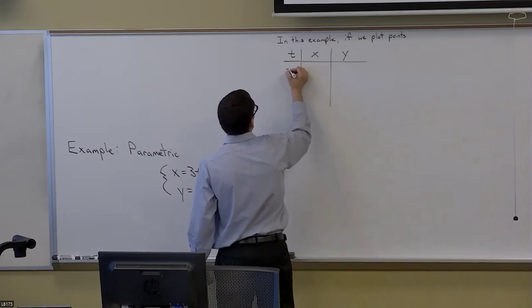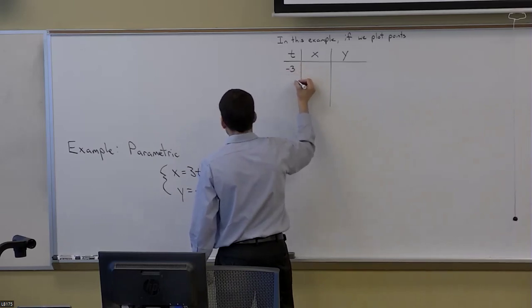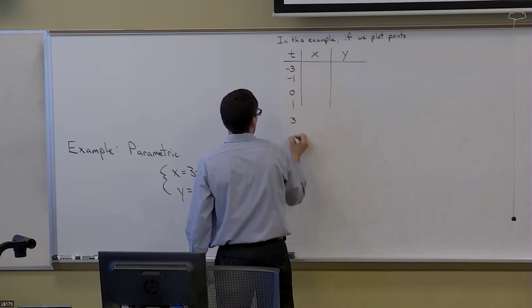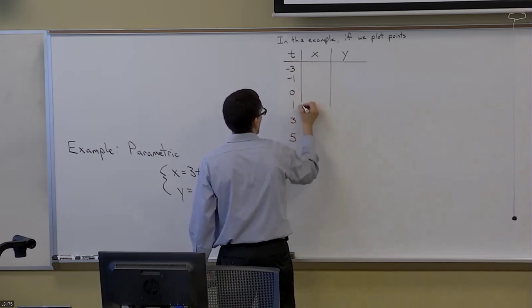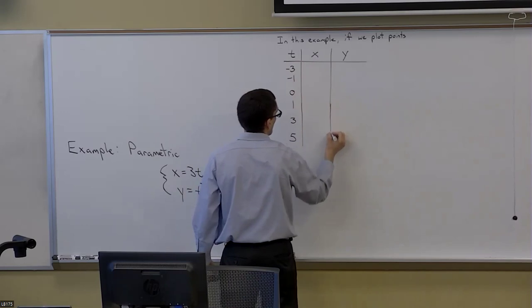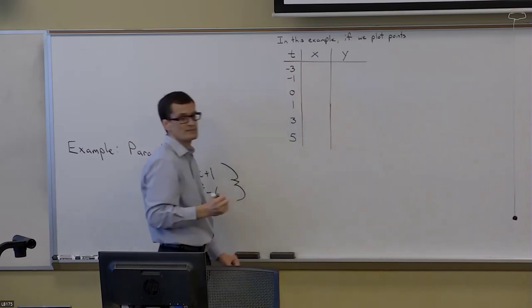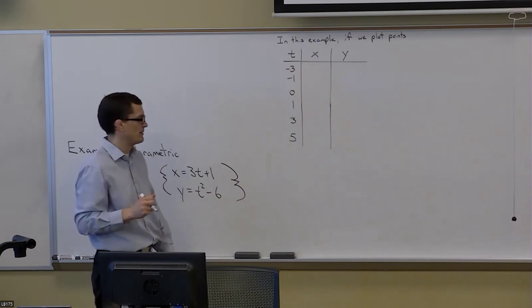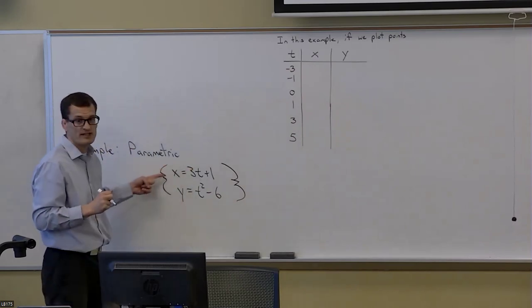So maybe I put -3, -1, 0, 1, 3, I'll do 5, those. So if I wanted to plot points, I put a bunch of t values in.